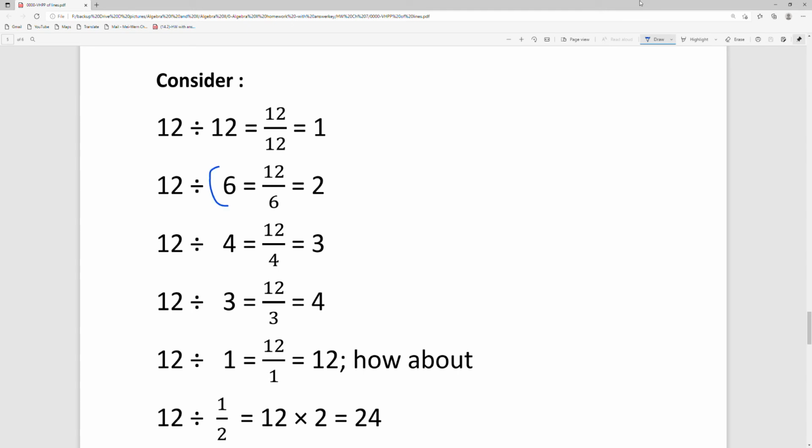When you divide by a smaller number, your result, after you divide, the result become bigger. So divide by 4, you have 3. So 12, 6, 4.